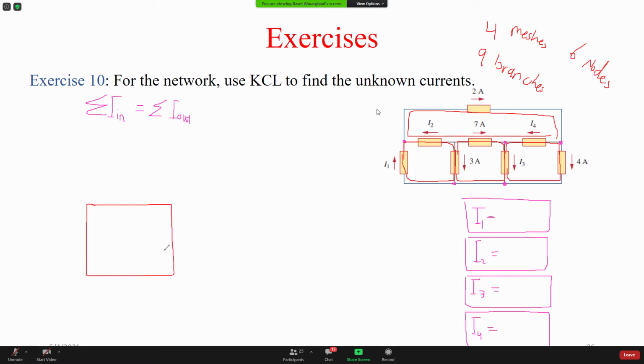Yes. Now, do we have nodes, intersections? No, we don't. There's no intersections here. Basically, this is 1. What if I add this? How many branches do we have? Give it a try. This is totally fine.